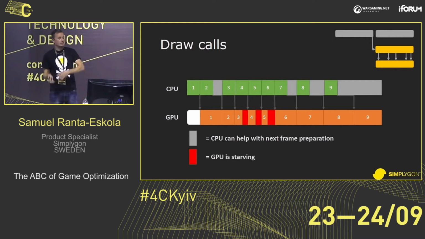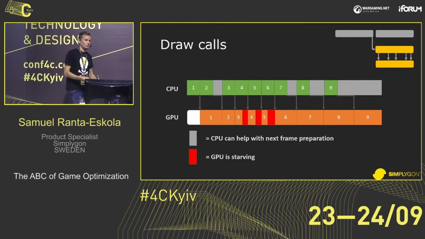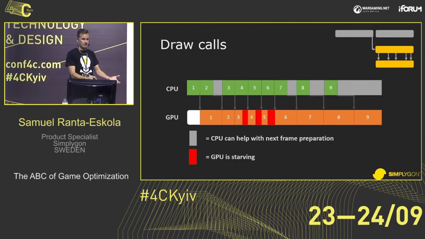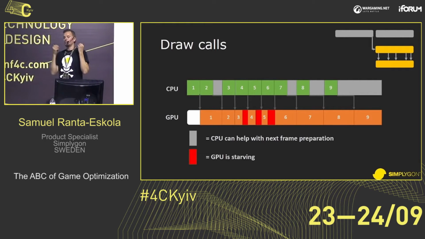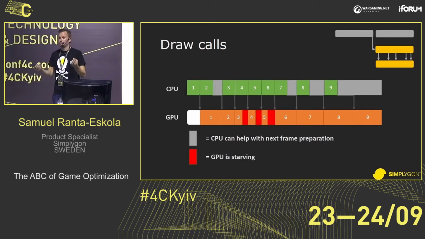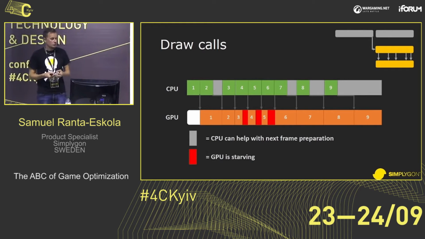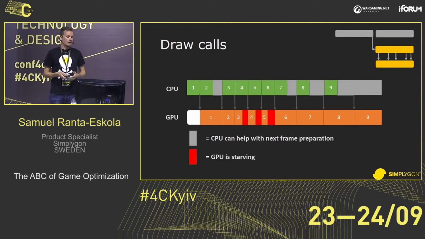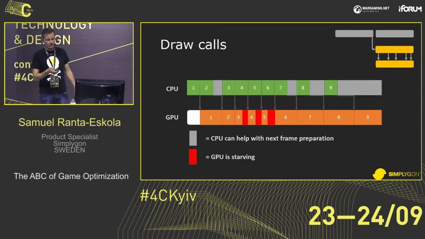The GPU needs to wait for the CPU with new instructions, basically. This will happen if you draw a lot of very small, simple objects. You will get these starvations. And this means that you're basically wasting cycles, because the GPU can't do anything during this time frame. And there are smart methods for getting around this, which we'll talk about. And we continue like this.